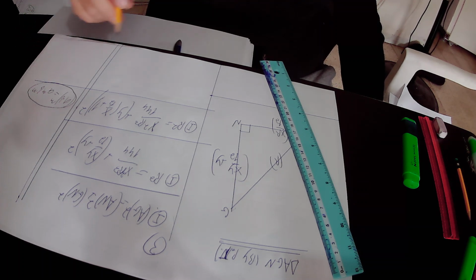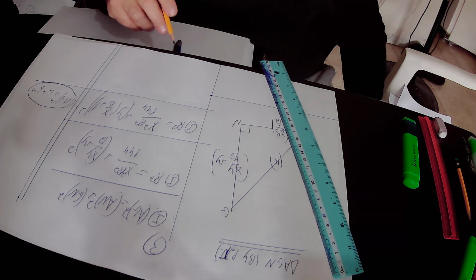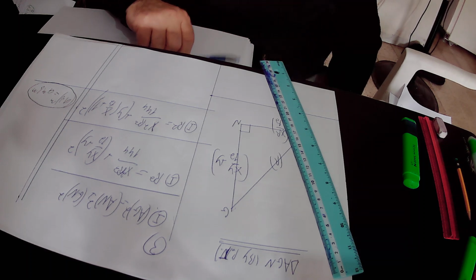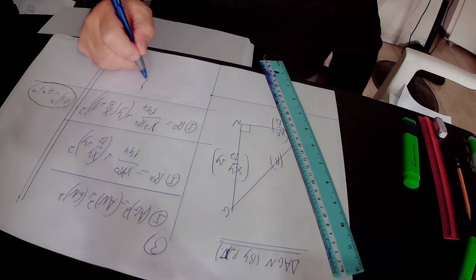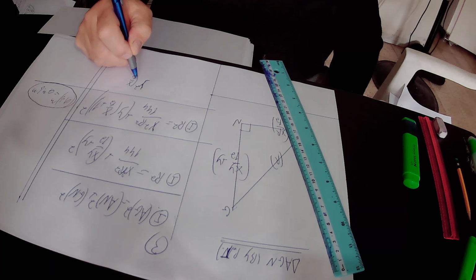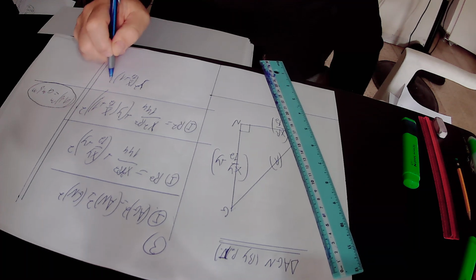So according to this algebraic identity, we get that y times x over 12 plus 1 square will be equal to y square times x over 12 plus 1 square.